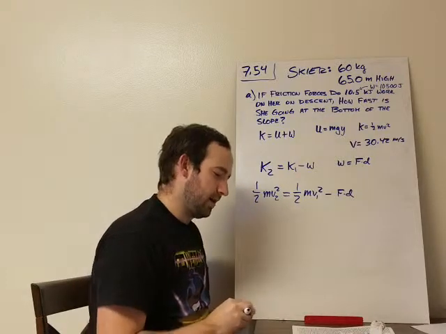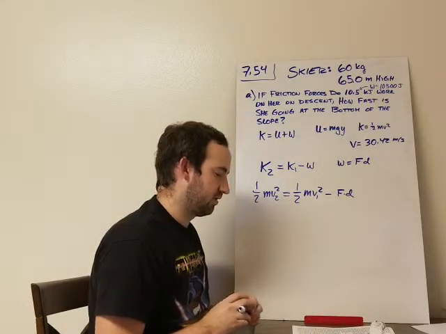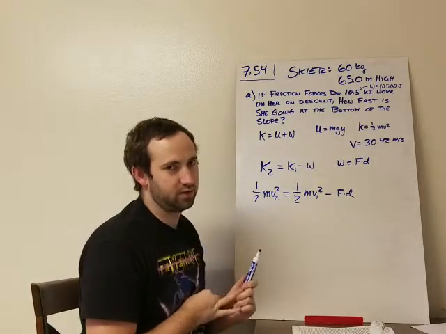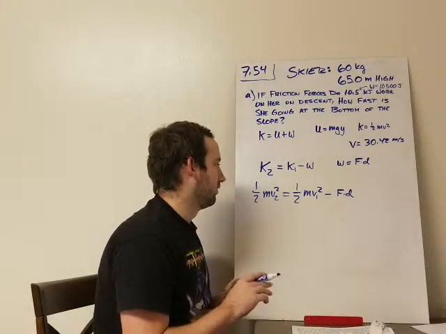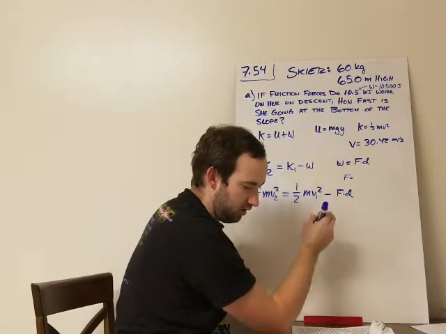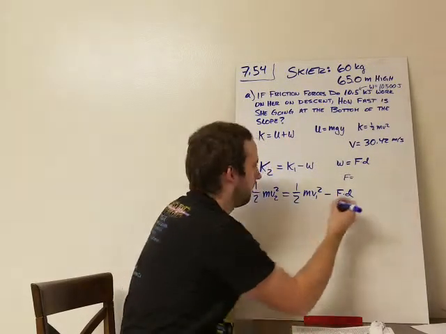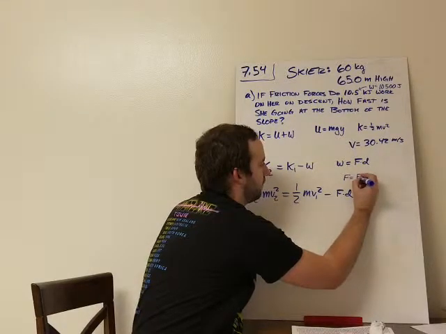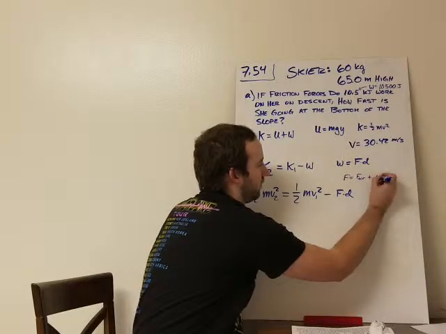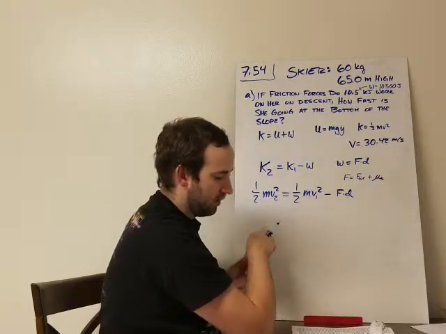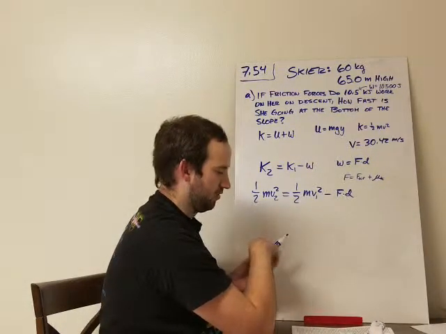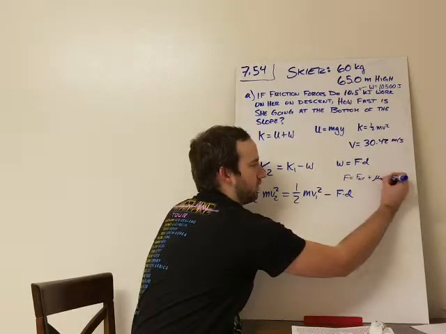With our force, we know that we need to add in the air resistance and the coefficient of kinetic friction. So that means that F equals F air plus mu, and that also needs the normal force of mg.